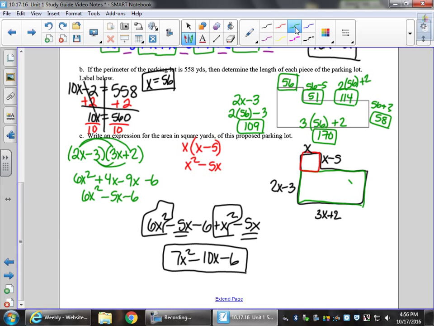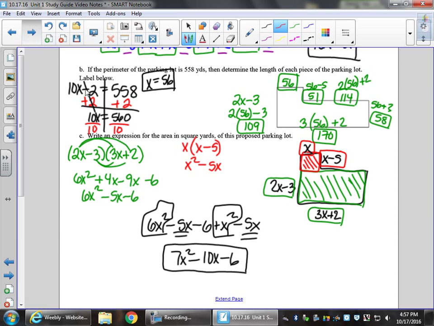So just to recap the big idea, the big idea is take your shape and can you split it into two rectangles that you can work with. We had the width and the length of the green piece multiplied to get this result. Then we had the length and width of the red piece multiplied and then added our two results together.